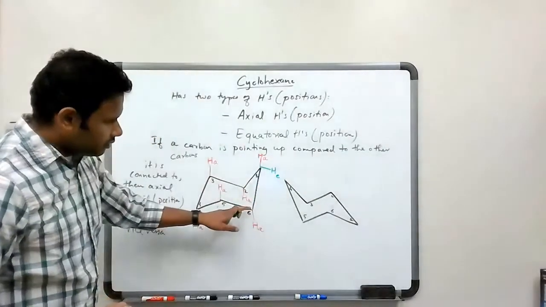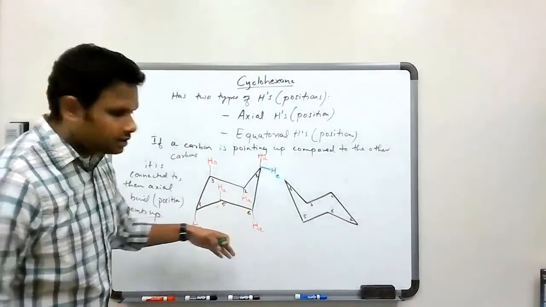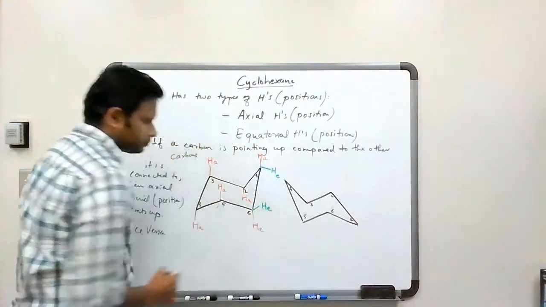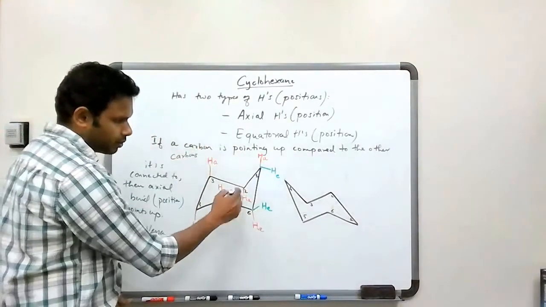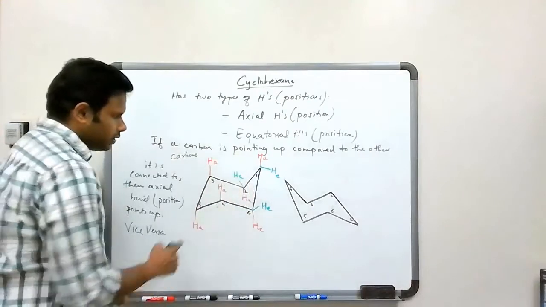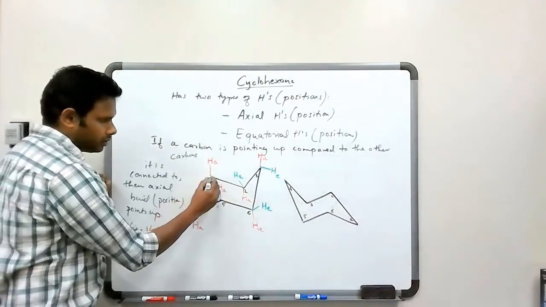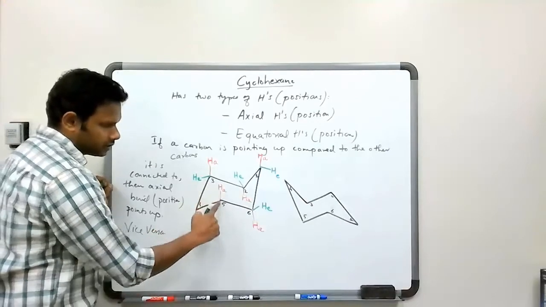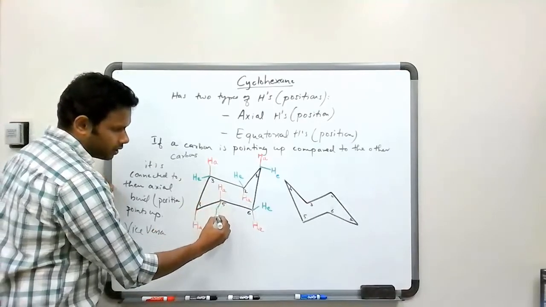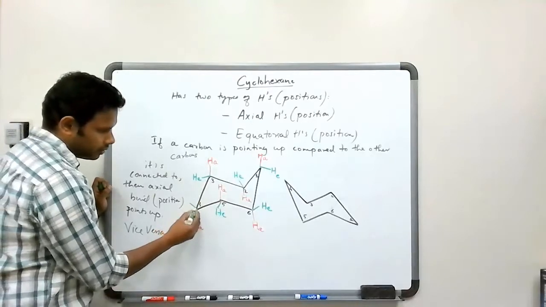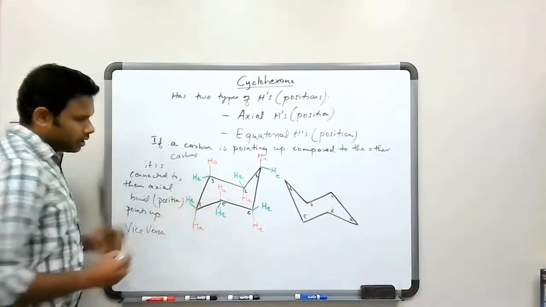Similarly, when the axial is pointing down, then equatorial points up. Axial is pointing up, so equatorial points down. Axial is pointing down, equatorial points up.